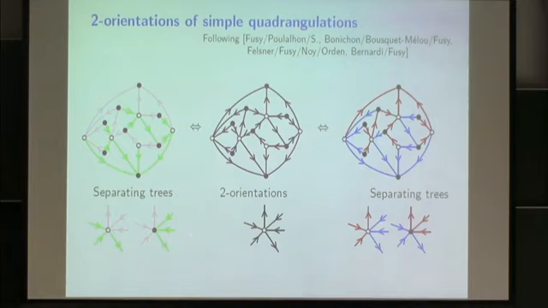They are symmetric. I decide that I turn left when I'm on a white vertex, and you should alternate between white and black vertices, turning once left and once right. And if you do that, you can check that you automatically get a partition of the edges of the quadrangulation in 2 colors.